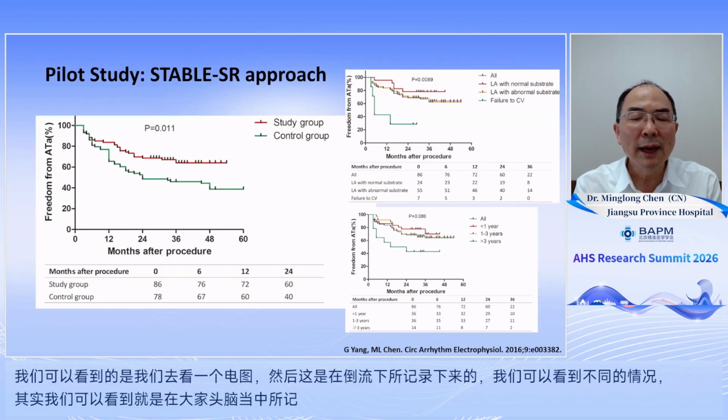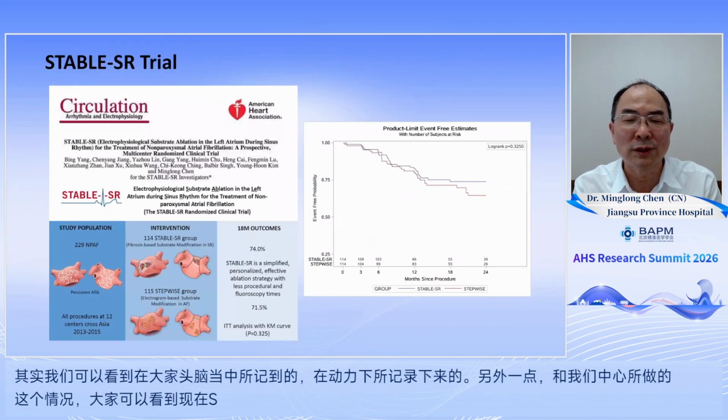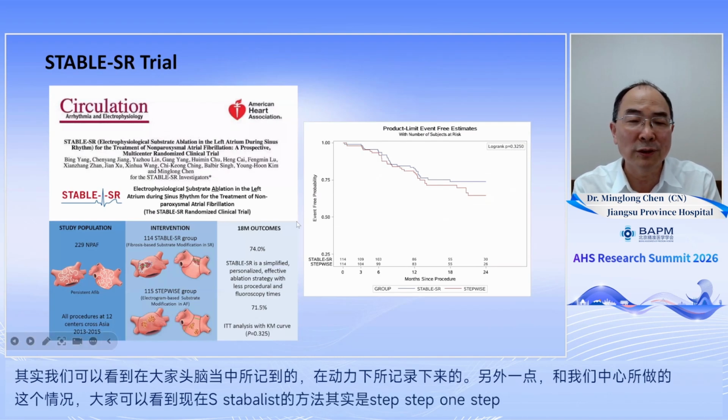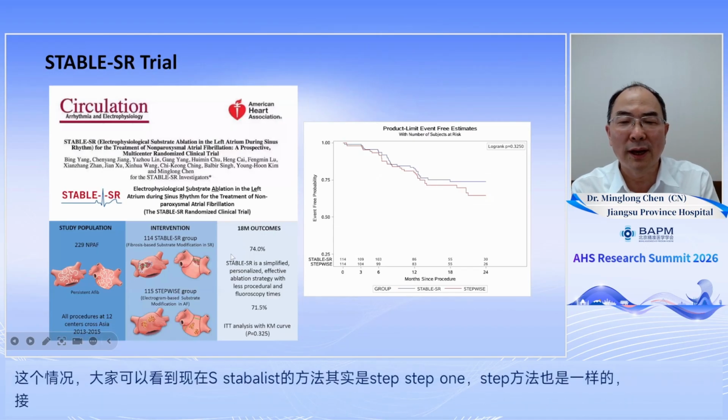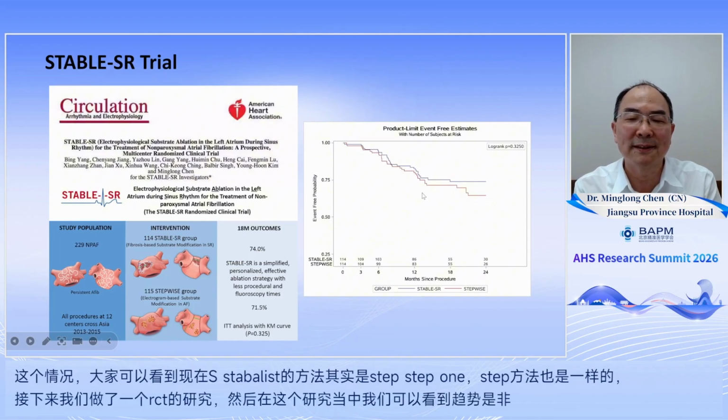And as compared with the stepwise approach in our center as the historic control, you can see that the STABLE-SR approach is superior to the stepwise approach. Then we did a randomized controlled trial. In this trial, the trend is very clear, but the final difference is not statistically significant.